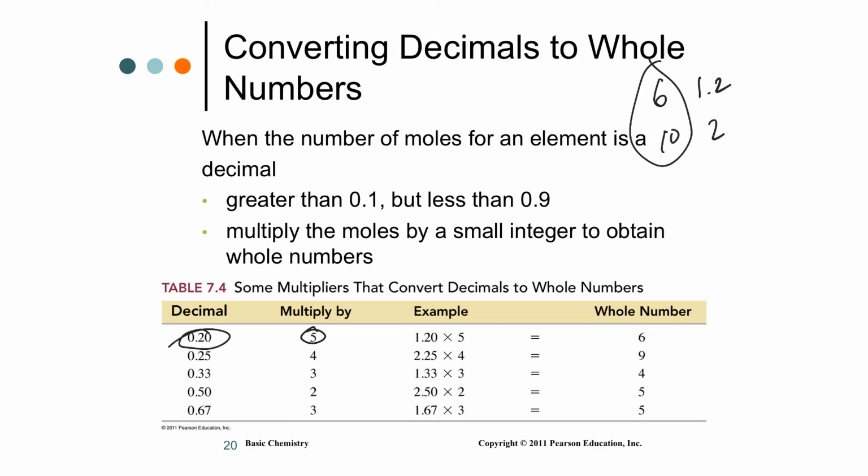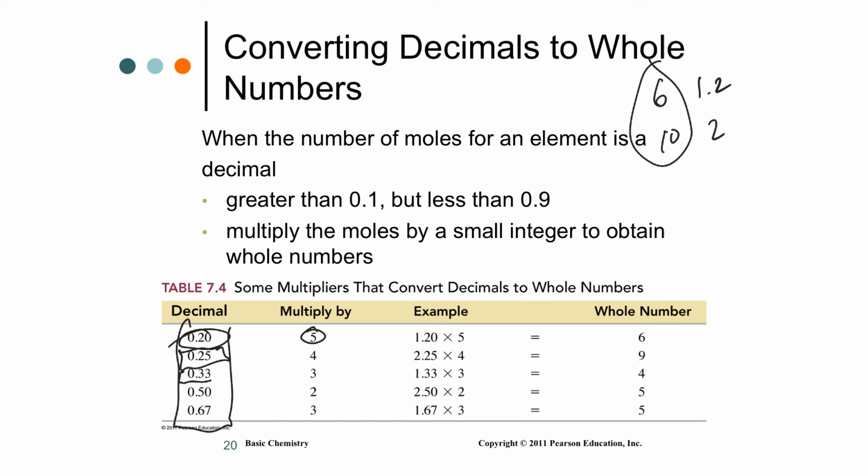Okay, so here are the decimals, and you can look at this table. If you've got quarters, I'm going to multiply 4. You're trying to get $1, right? Got 20 cents. How many times do you have to multiply 20 cents to get $1? 5. Multiply all the numbers by 5. If it's 0.25, that's a quarter, you need to multiply by 4.